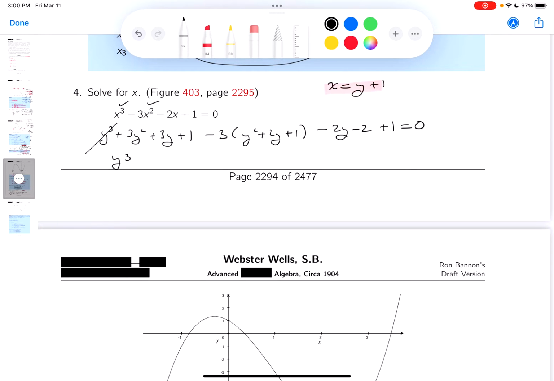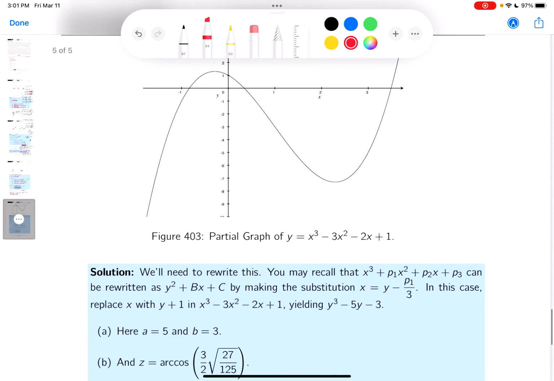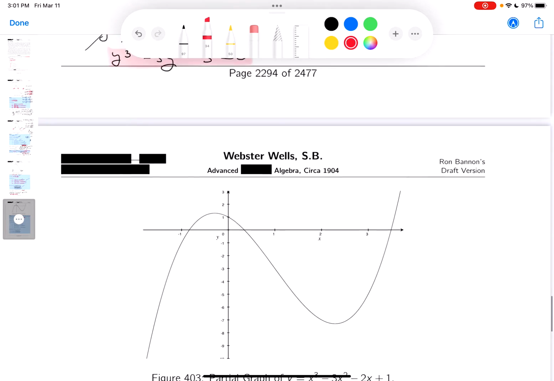Let's keep going. 3y squared minus 3y squared, that's gone. 3y minus 6y, 3 minus 6 is minus 3y. And now the numbers: 1 minus 3 is minus 2, minus 4, minus 3 is minus 5... I want to see if we've got the key, which is y cubed minus 5y minus 3.